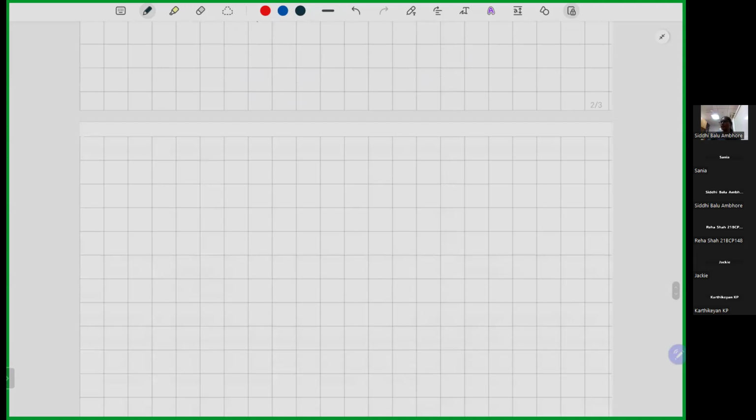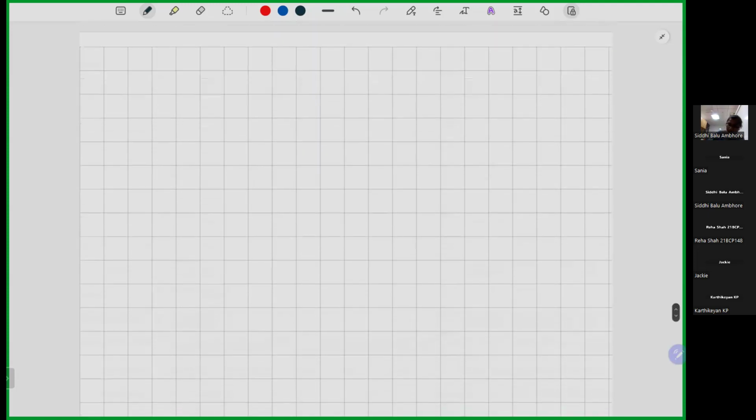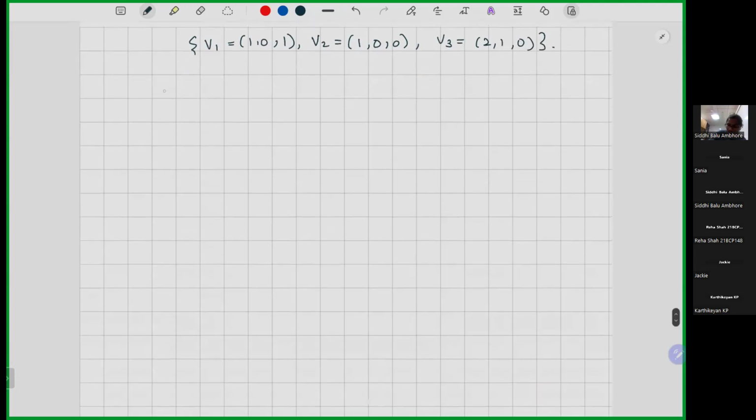First, for A, let me write the V's again here. V1 is (1, 0, 1), V2 is (1, 0, 0), and V3 is (2, 1, 0). We have to apply Gram-Schmidt orthogonalization to these vectors. First is W1, which is just V1.